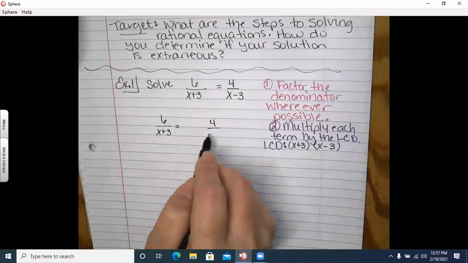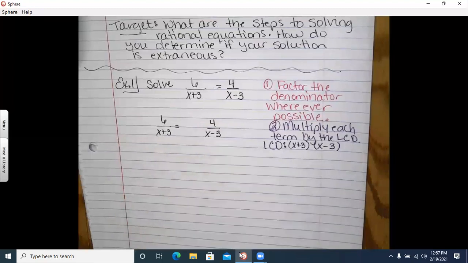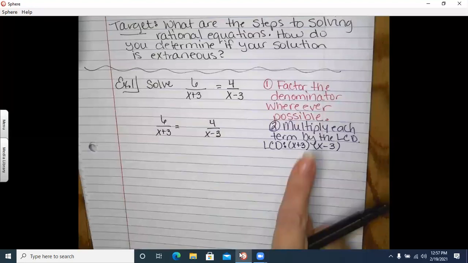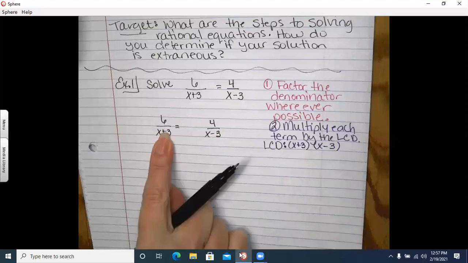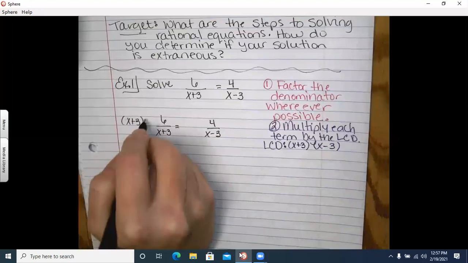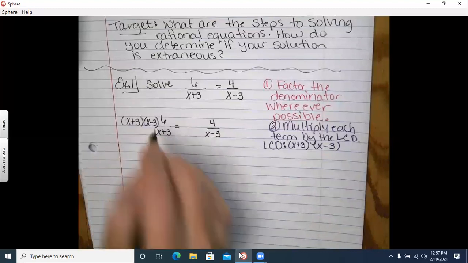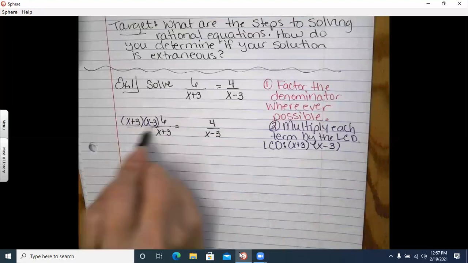Give myself some space. Each of those terms, a fraction is considered one term, okay? Each of those terms will be multiplied by x plus 3 times x minus 3. So this first term, let's multiply it by x plus 3 times x minus 3. When I multiply, think about that as all in the numerator.